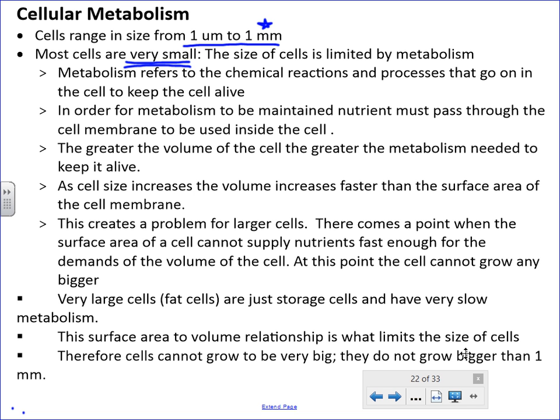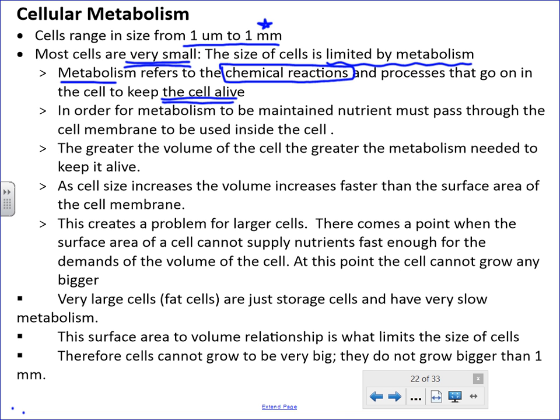The size of the cell is limited by metabolism, and then these points underneath it explain what that is talking about. Like I mentioned yesterday, the word metabolism is talking about chemical reactions and processes that go on in the cell to keep the cell alive.